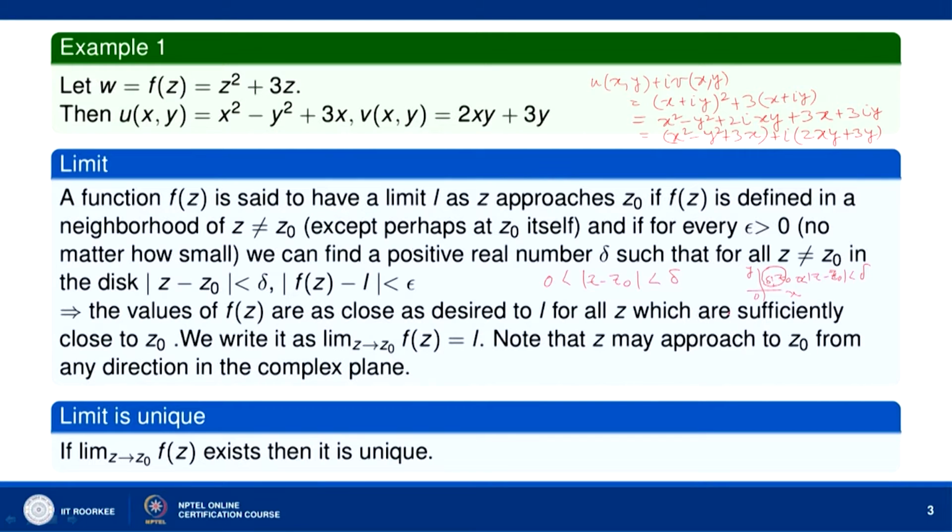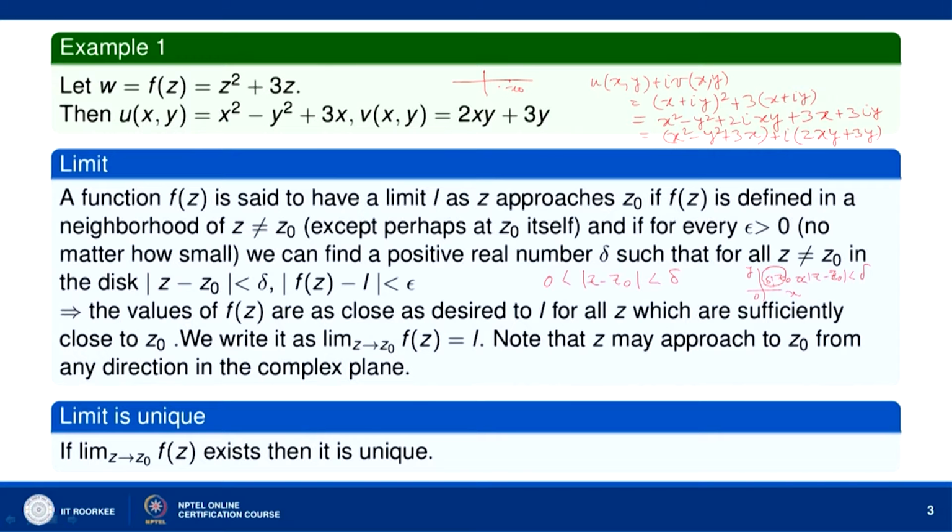Now, mathematically we can write it as limit z tends to z naught f(z) equal to L. You can note here that z can approach z naught from any direction in the complex plane. In real calculus, we have to move only along a line.